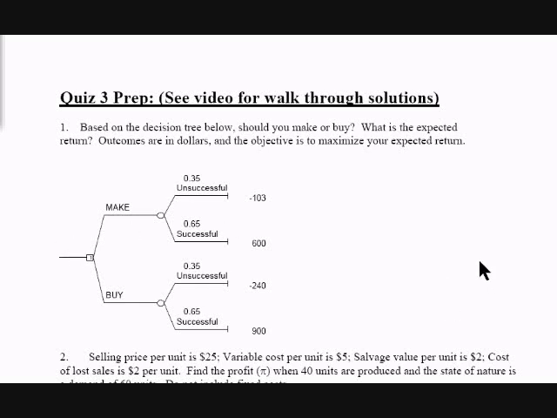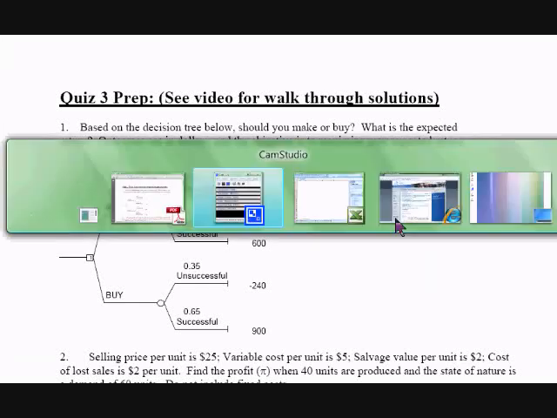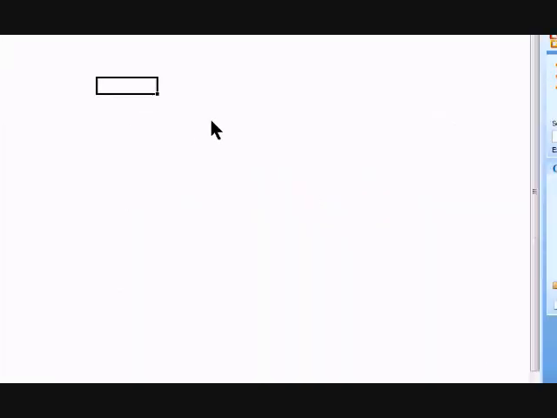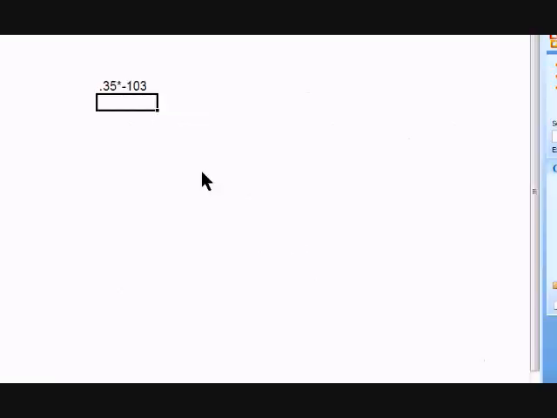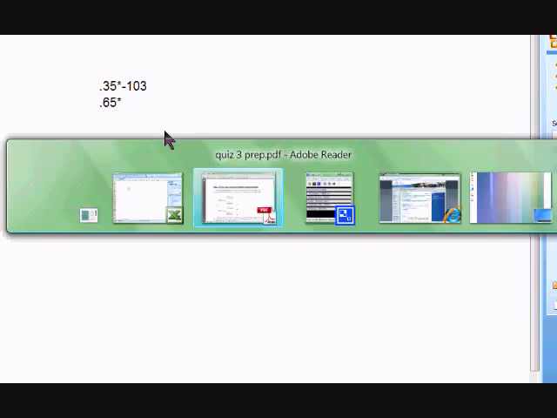So let's take a look at this one. We have a 35% probability of 103. So let's say 0.35 times 103. Actually, I believe that was minus 103. And we have a 65% probability of 600. 0.65 times 600.